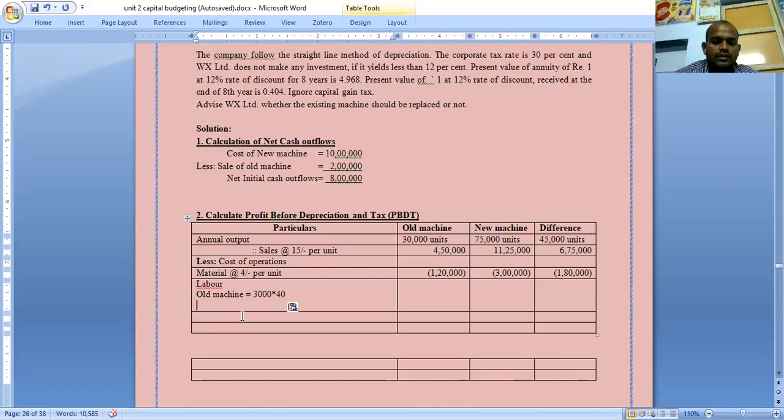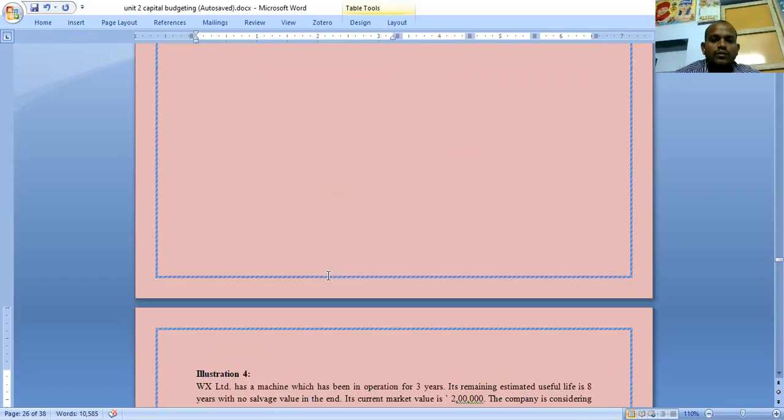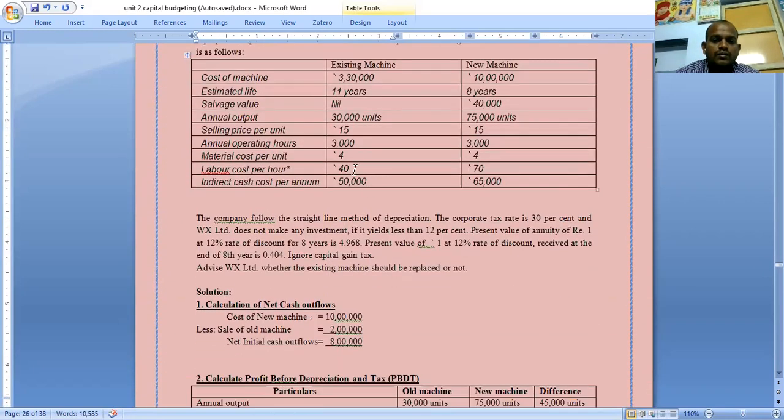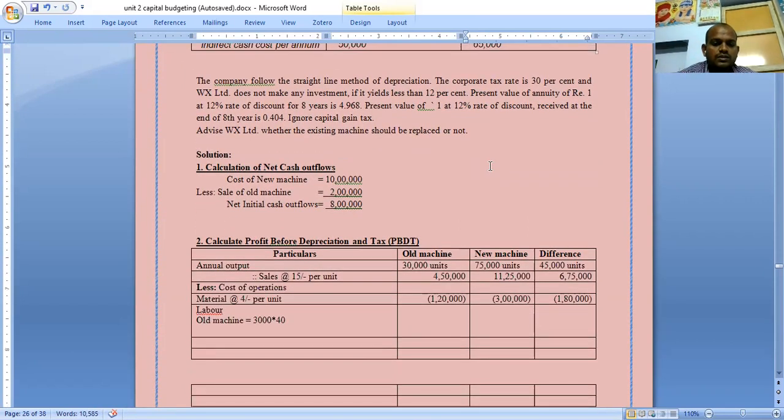Old machine 3,000 hours into 40 rupees per hour, and for the new machine 70 rupees per hour, 3,000 into 70.